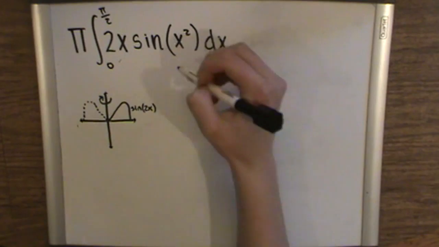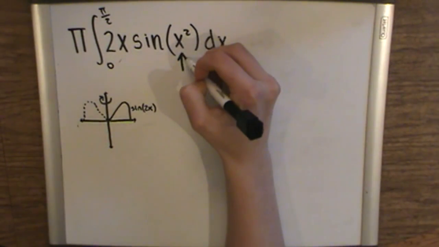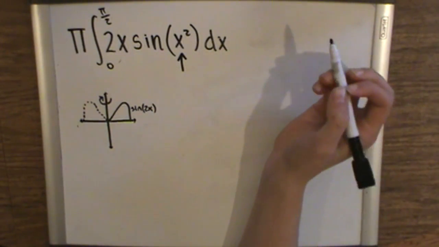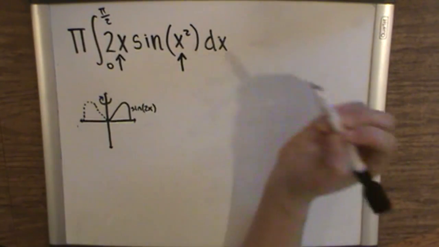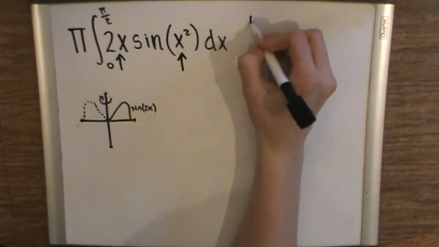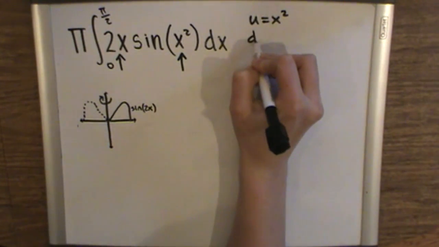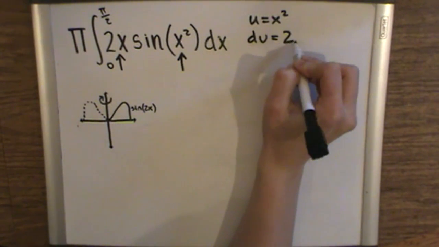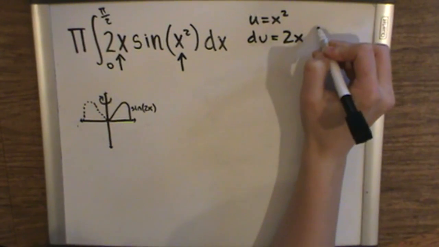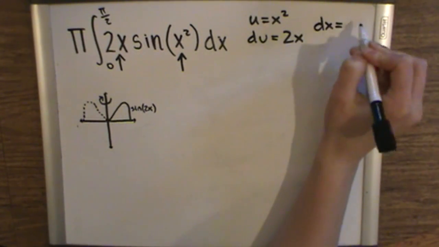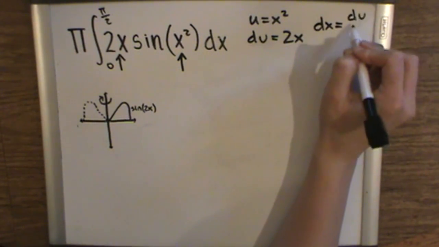The first step is to spot the lurking derivative. Here, the derivative of x squared is 2x. We can set u equal to x squared, and the derivative of u is then 2x. This makes dx equal to du over 2x.